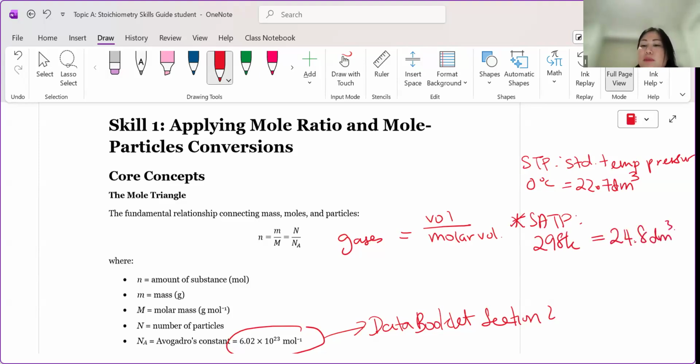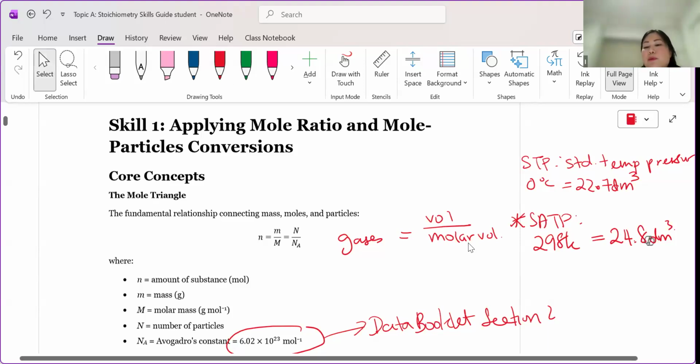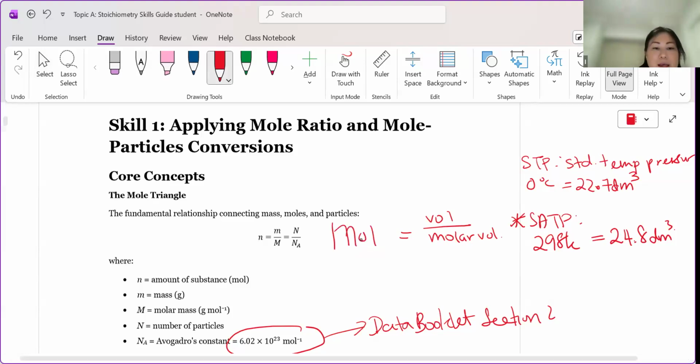Okay, so SATP is referring to 298 Kelvin, 24.8 dm3 as the molar volume. So for gases, the volume divided by molar volume will give us the number of moles, because 1 mole of any gas occupies a certain volume, which is the molar volume.